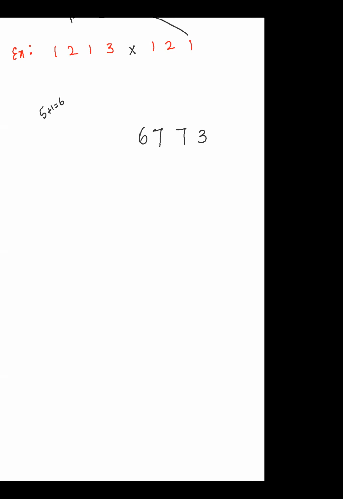Who doesn't understand? See, this one reached the final number, that is the highest place value. That means the tens place digit reached the highest place value. Now it is like this.